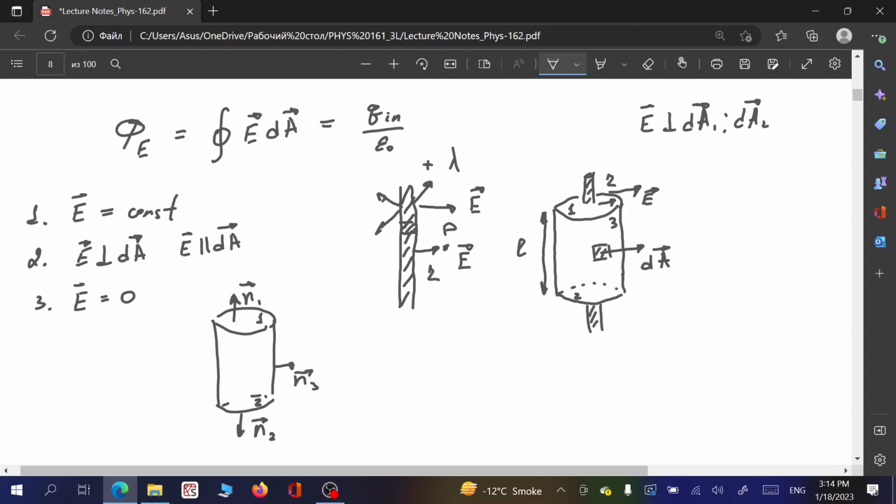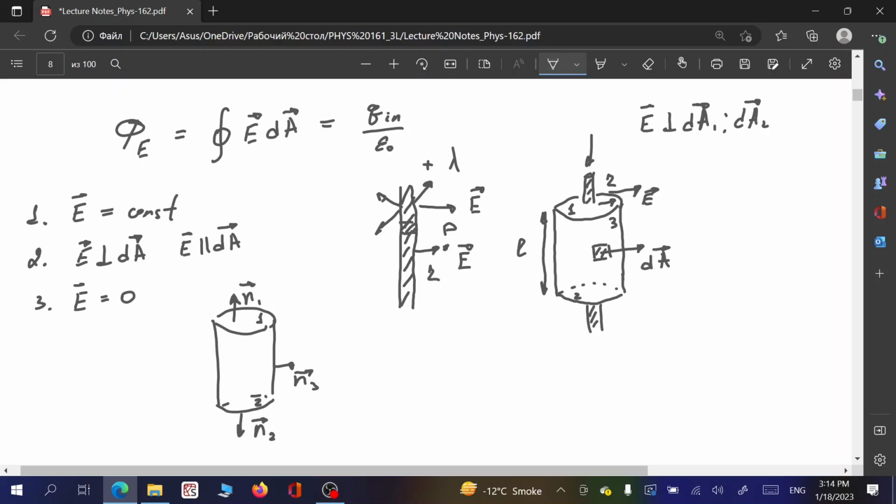We know that the electric field vector goes perpendicular to the wire in all radial directions. So if we place this wire in the center of the cylinder, then the electric field will be aligned in this direction and the normal unit vector in this direction.